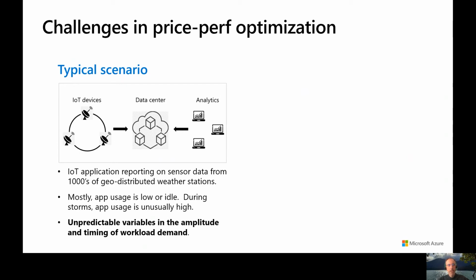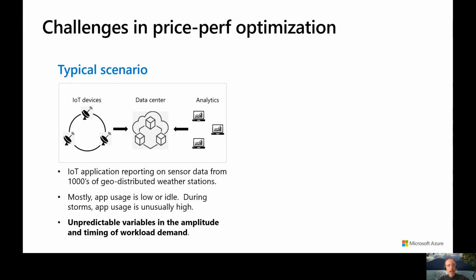Now, when the weather is relatively calm, it's easy to imagine that the application usage is relatively low. But when a storm system passes through, the usage on the application can suddenly increase to very high levels. In other words, there's a high correlation between storm activity in this example and workload on the database.